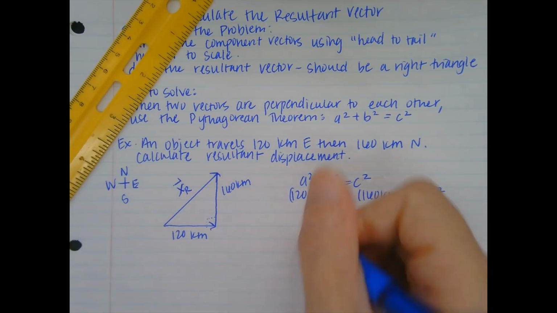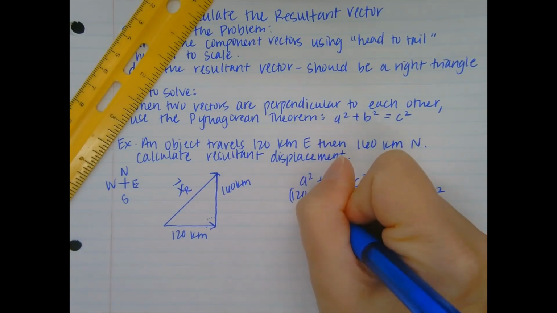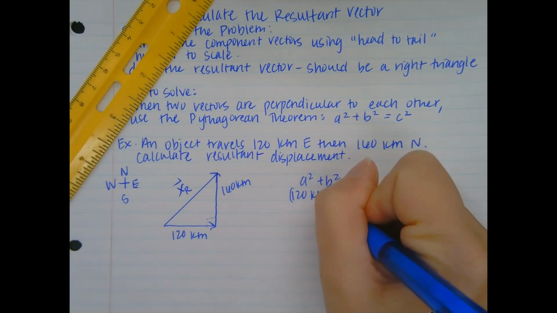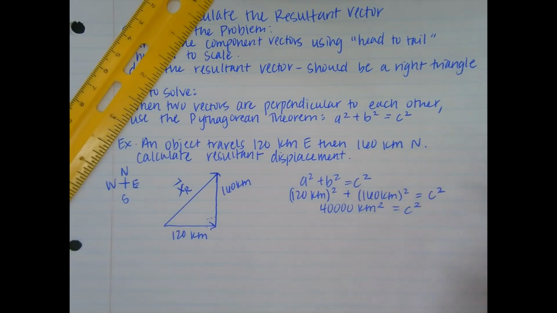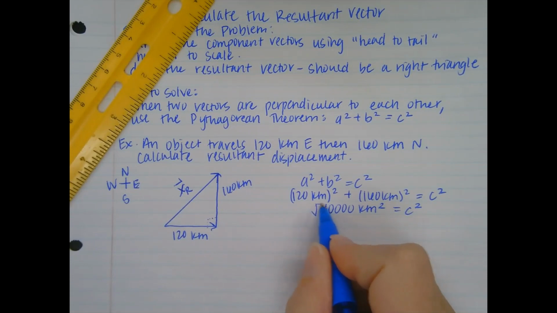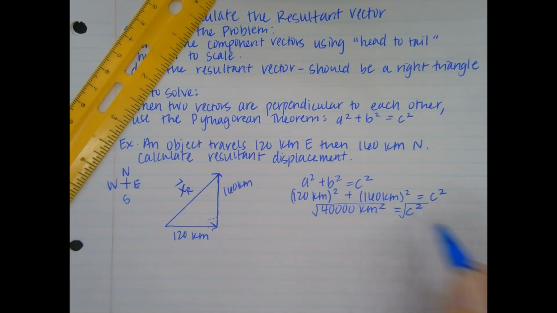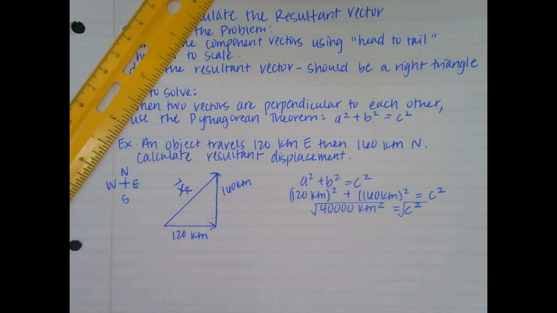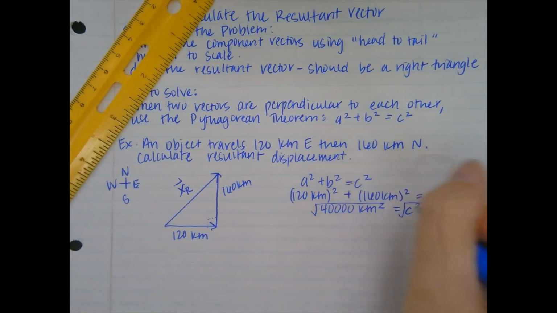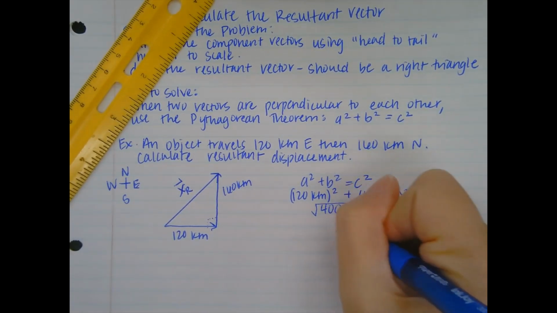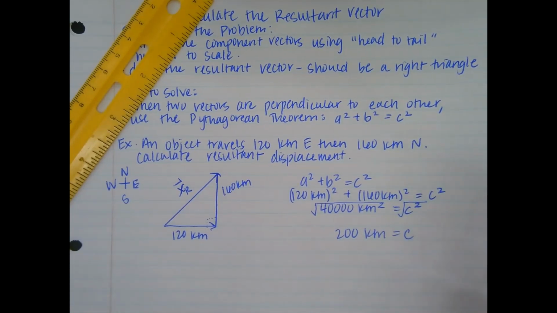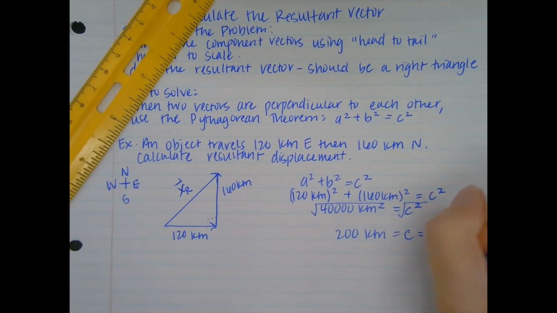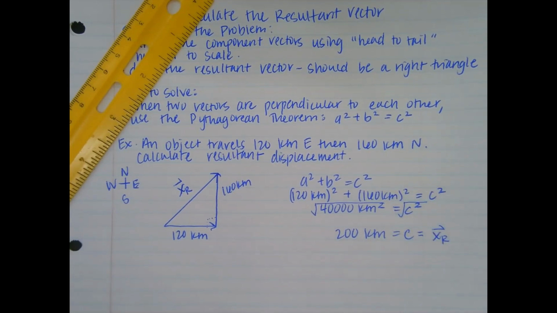So I'm going to square these and add them together, and I get 40,000 kilometers squared equals c squared. And in order to solve this, I'm going to square root both sides so I can get c by itself. And when I square root 40,000 kilometers squared, I end up with 200 kilometers equals c. So this is going to be my resultant displacement vector.